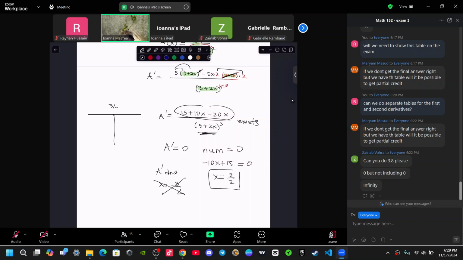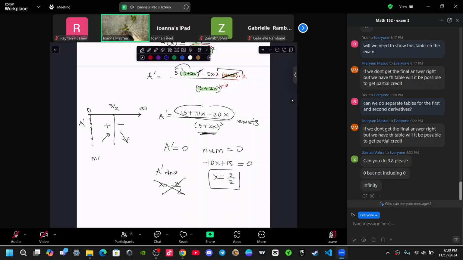Put your critical point on the number line. You can close it or do it dotted, whatever, all the way to infinity. You know you're looking for a maximum area. You will get a maximum, so you can go and fake the signs because you know it's going to be a maximum.